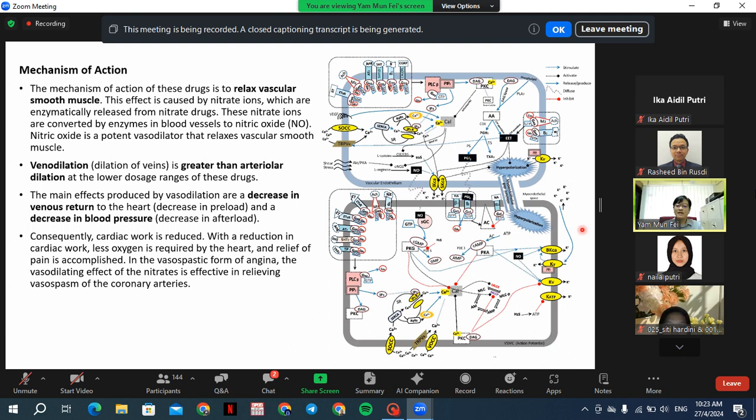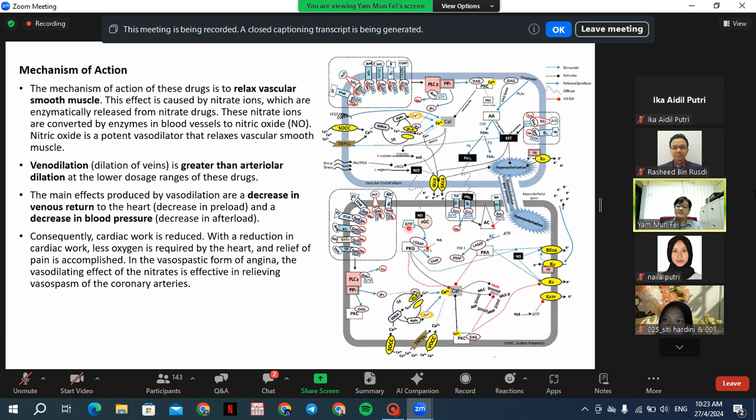what will happen? Okay, basically nitric oxide will be produced in your endothelium. Look at the highlighted parts here: nitric oxide, with the help of endothelial nitric oxide synthase. Once the nitric oxide has been produced, it will migrate directly into your smooth muscle. Once in the muscle, that nitric oxide will activate soluble guanylyl cyclase.